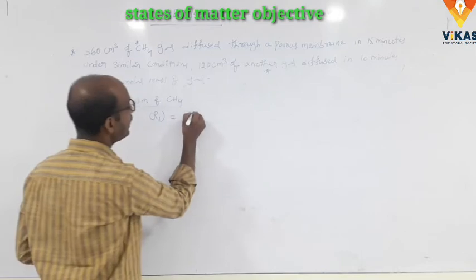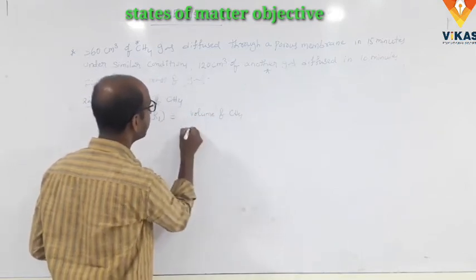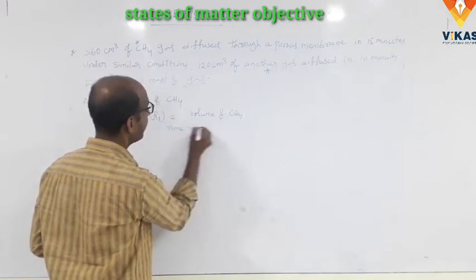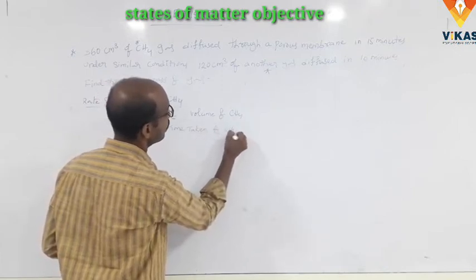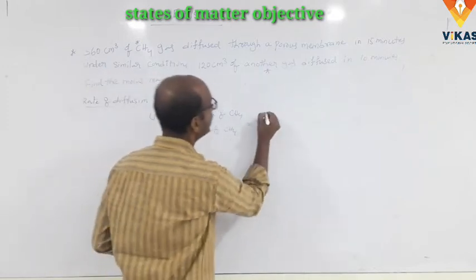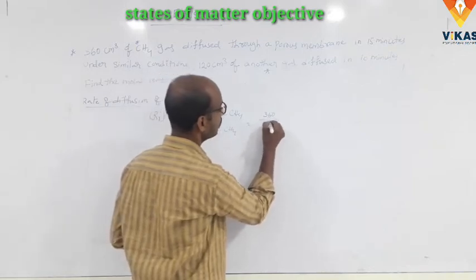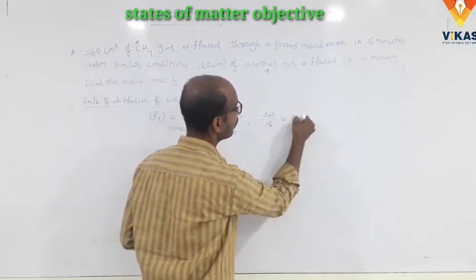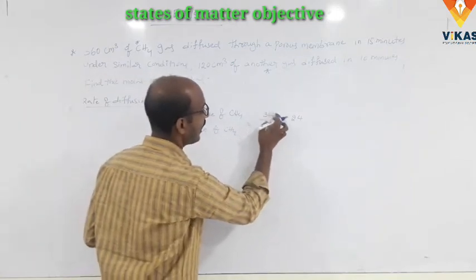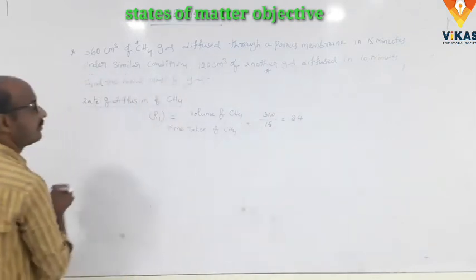Volume of CH4 by time taken. The volume of CH4 given is 360, by 15. So that equals 24. So finally R1 is 24, and we got the rate of diffusion.